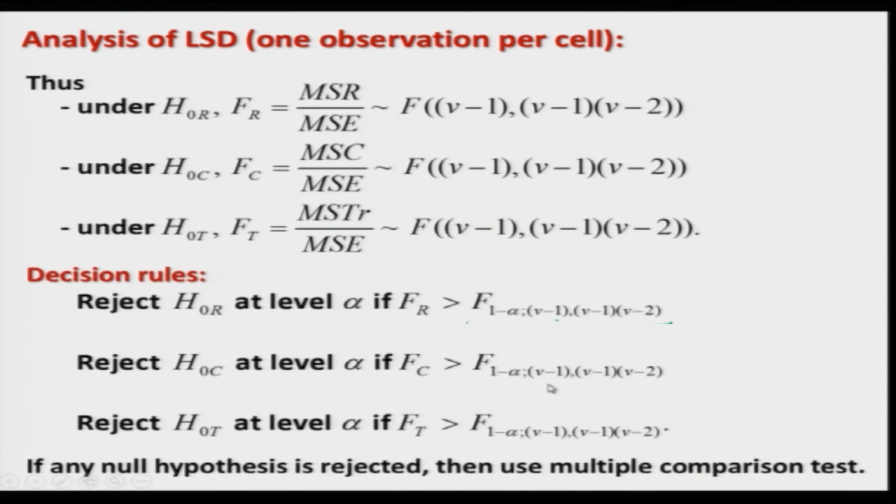Now, you have obtained these sums of squares, and similarly you can do the entire analysis under H naught rows, H naught columns and H naught treatments, and you can obtain the sum of squares due to error, and based on that you can obtain all the expressions for these various sums of squares.